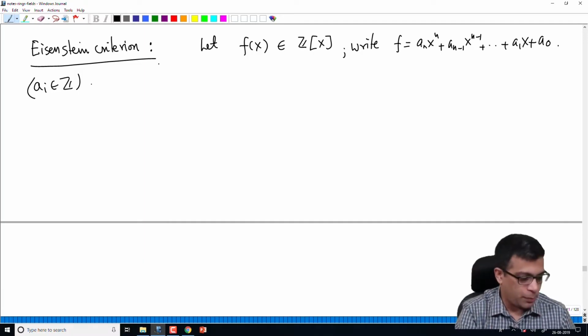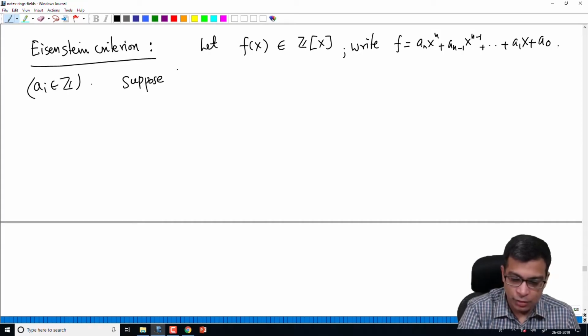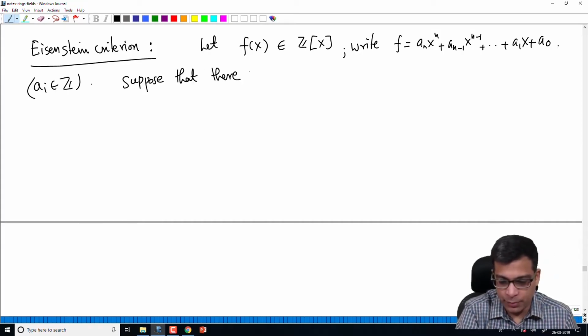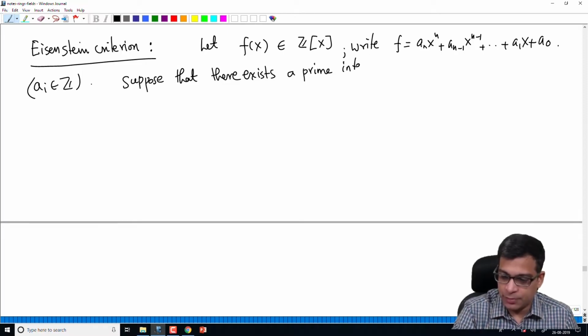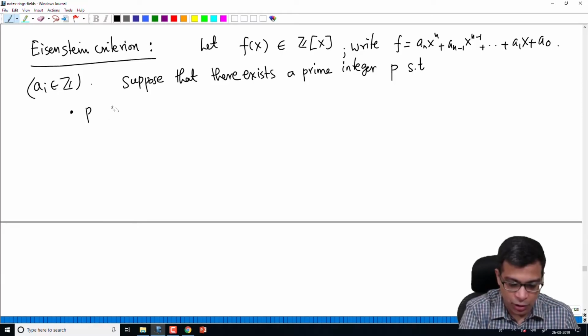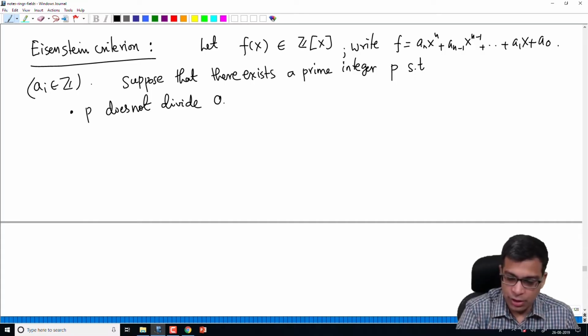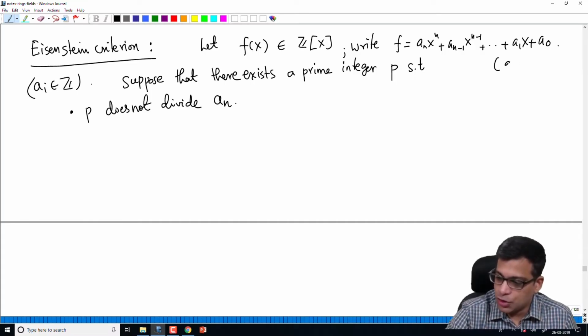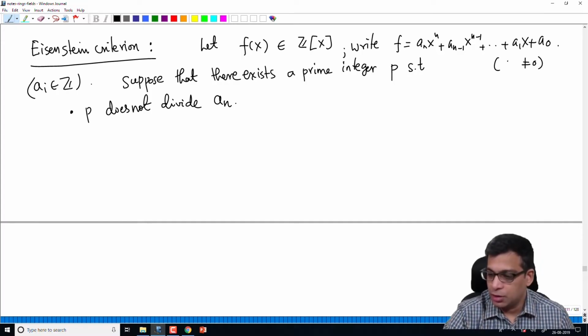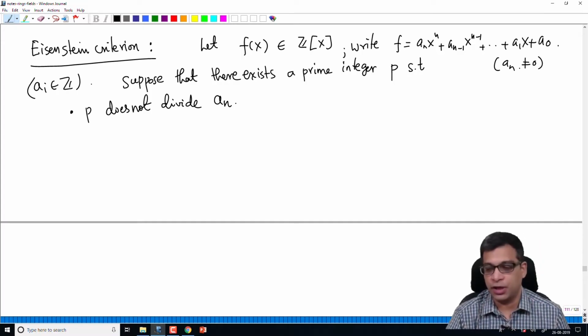Now suppose that there exists a prime integer, that means a prime number p in Z, such that it satisfies the following conditions. p does not divide a_n. Whenever we write a polynomial like this, we always assume that the leading coefficient is non-zero, because we start with the largest degree.